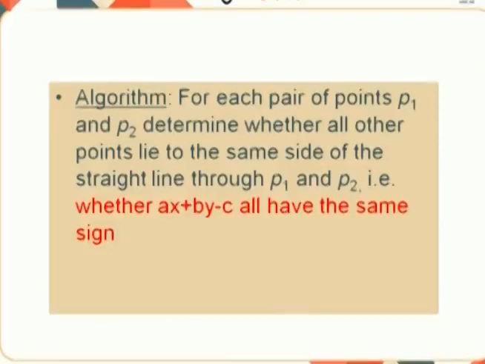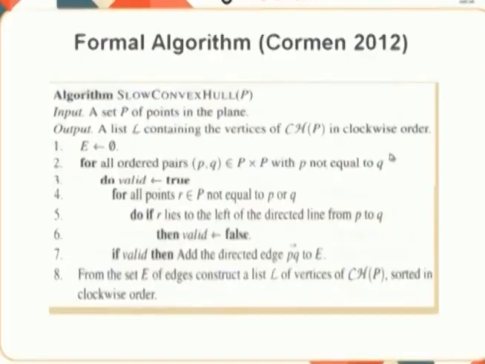This is what I do as part of this algorithm. Fine, I am conceptualizing this into a formal algorithm, the slow convex hull algorithm, where P is the set of points that are given and I construct the convex hull.